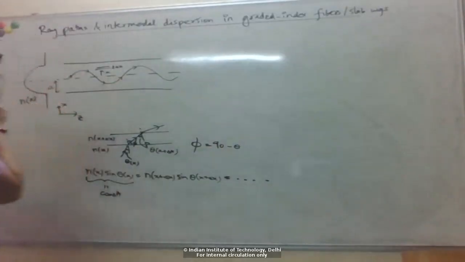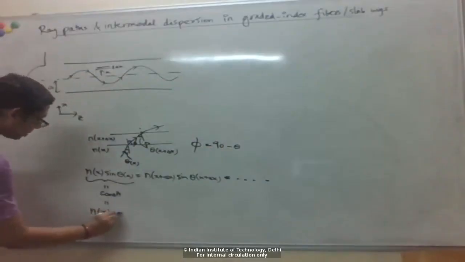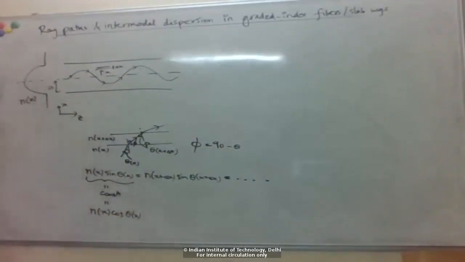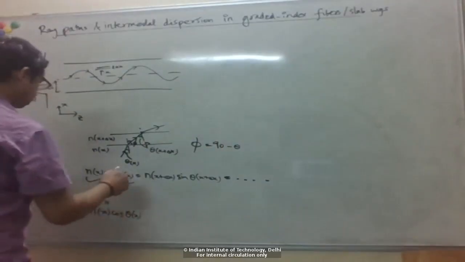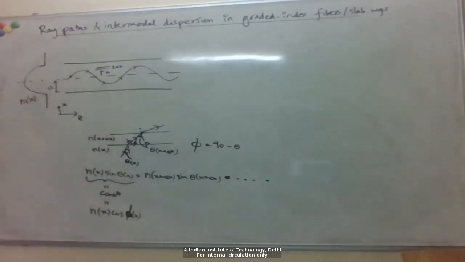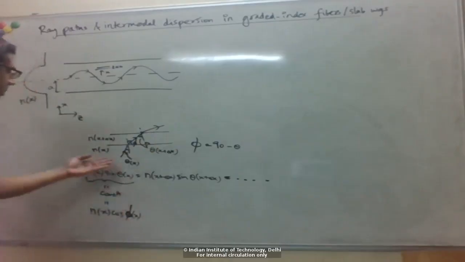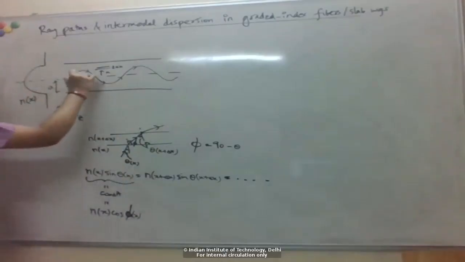So I can write this as n of x times cosine of phi of x, because we want to express it in terms of the angle made with respect to the propagation axis, at any point the angle made with the horizontal.